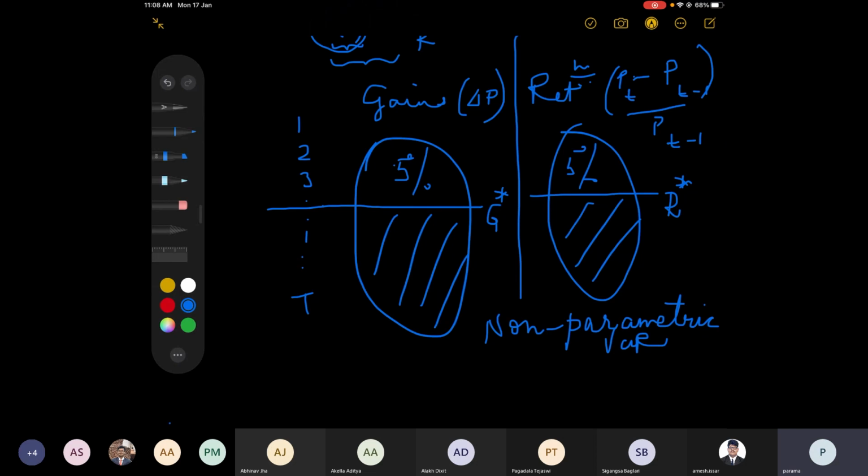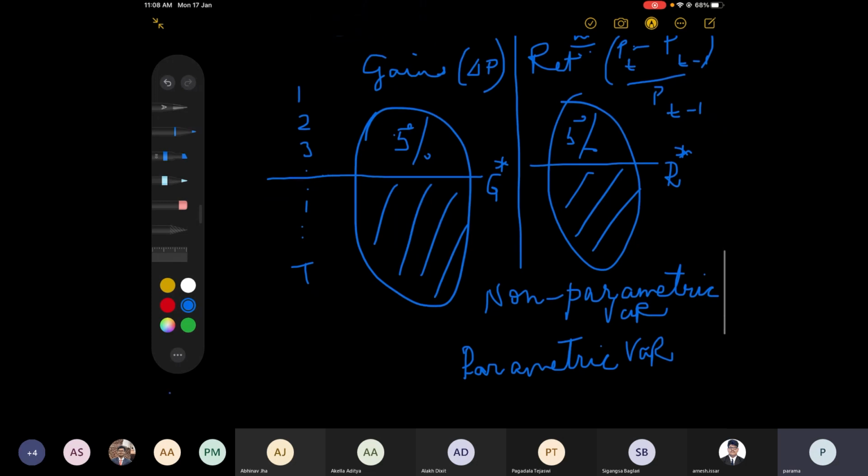But we will assume. So in the parametric approach we assume a distribution, and if we assume a normal distribution we will have a mu and sigma squared. These are the two parameters of the normal distribution.